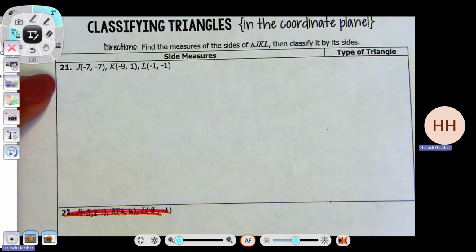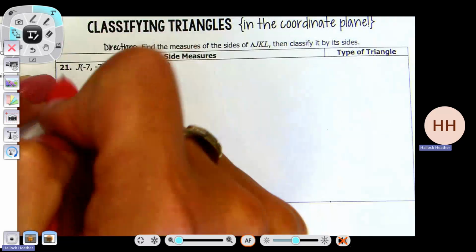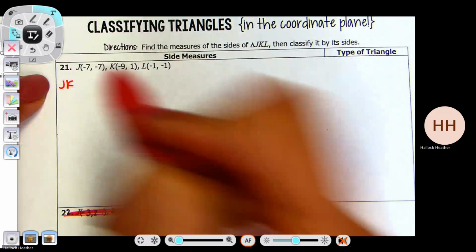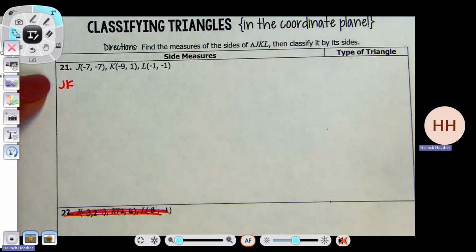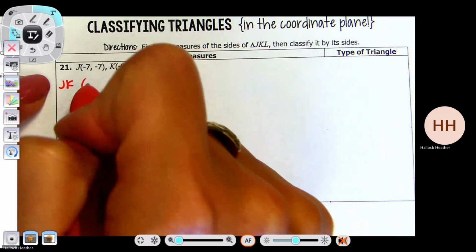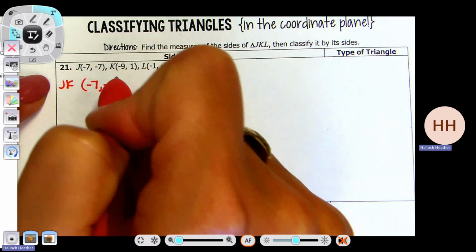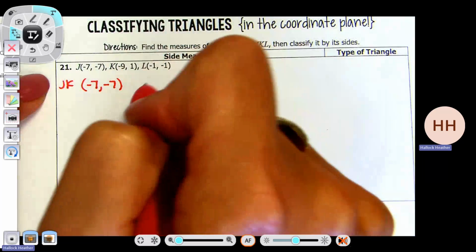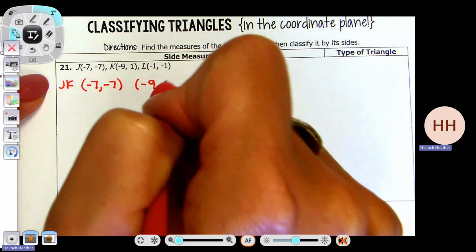So 21, what we're going to do is find the distance between J and K to start. We're using -7, -7 and -9, 1.